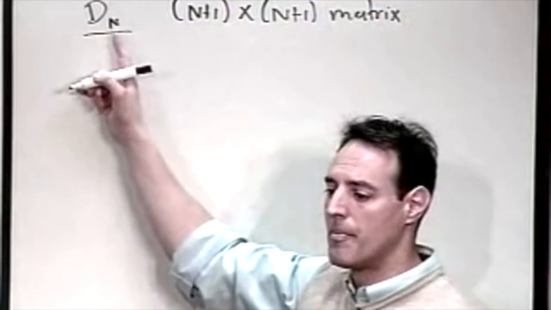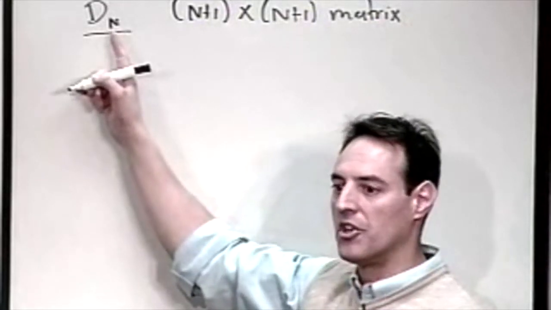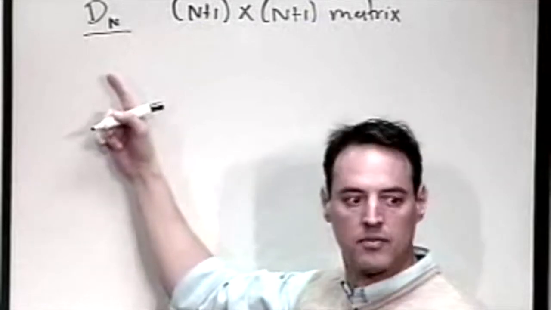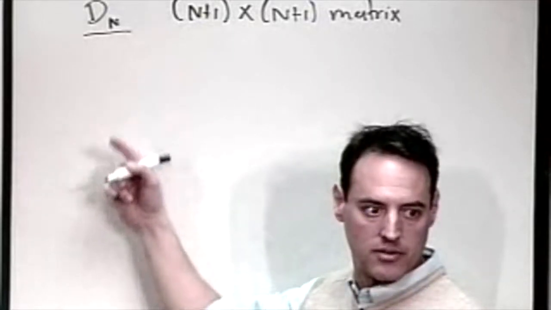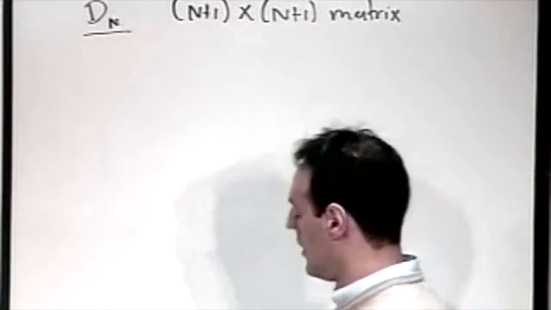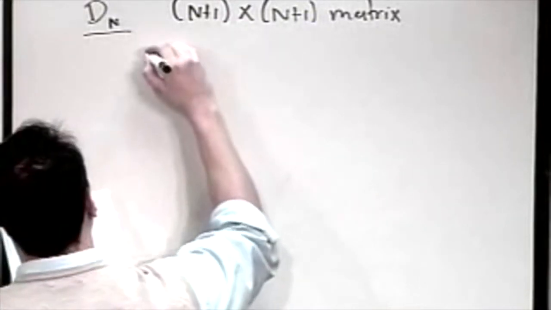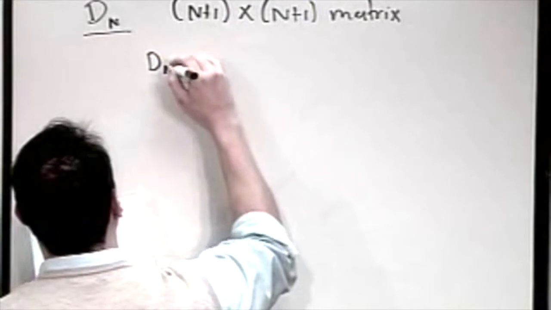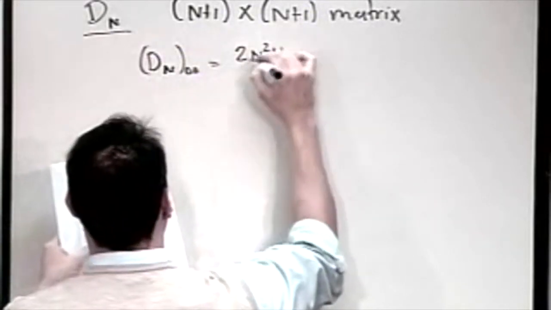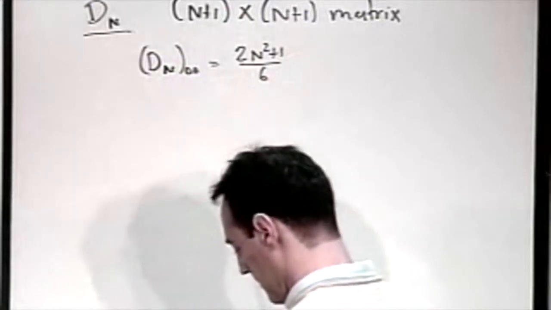Remember, that's the degree of the polynomial, but there's the a0 plus a1x, so there's actually n plus 1 terms in it. Okay? And here's what the components are. The 0th component is that.